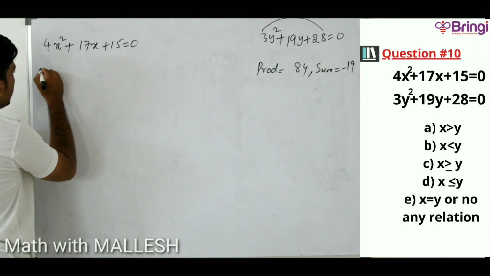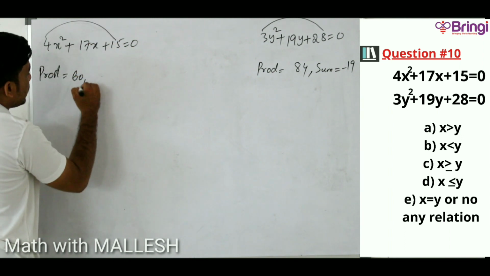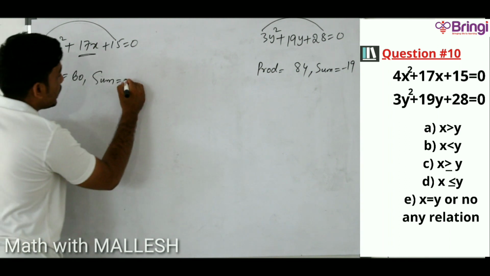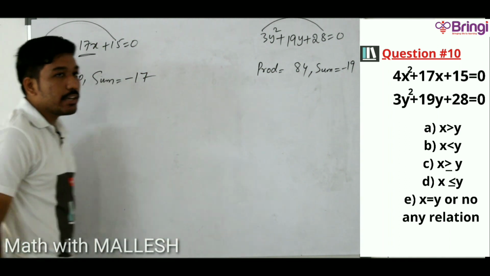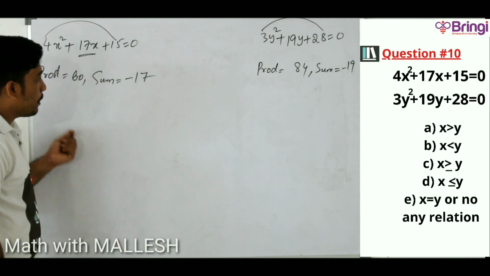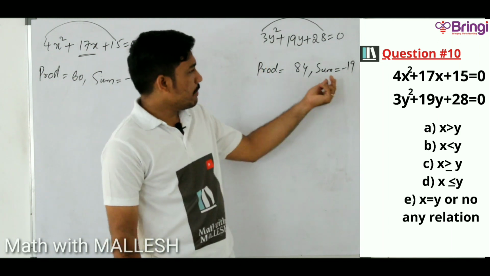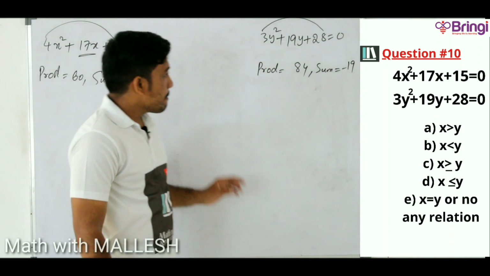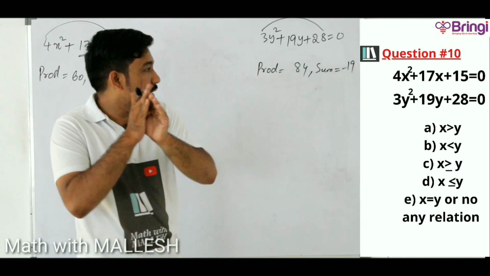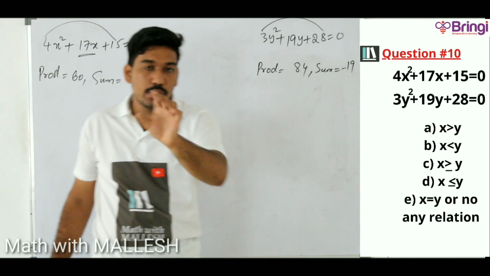And moving on to this one, product is equal to 4 times 15, 60, and sum is equal to positive 17 is there. Take negative 17. Clear? Yes. And next one, take here product 84 and sum negative 19. Remove the negative or positive. Product is equal to 84 and sum is equal to 19.